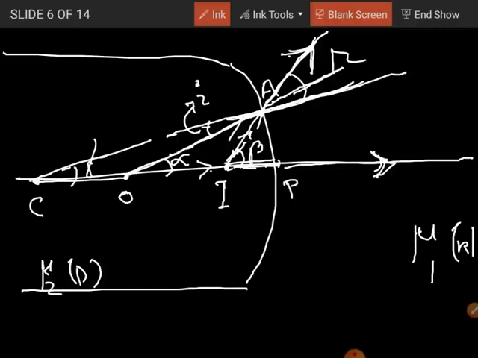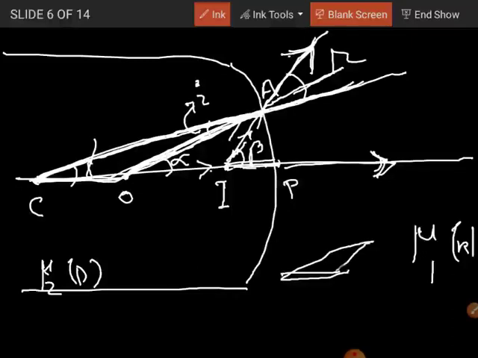You need to find it out as we have done. First, I told you that you need to take the triangle containing the object. So take triangle OCA. Can you see the diagram here, OCA?